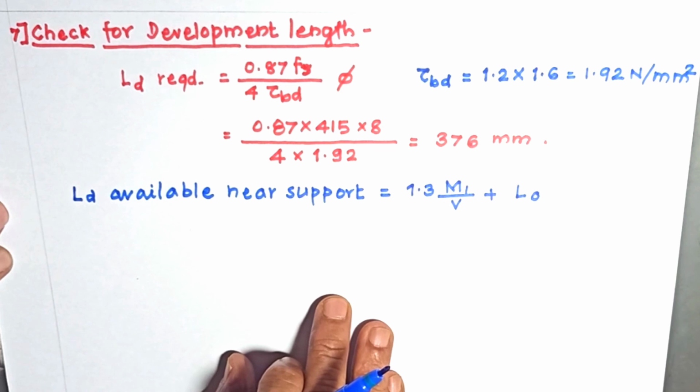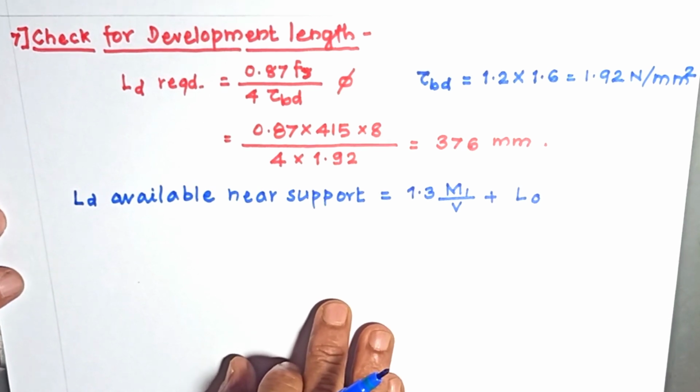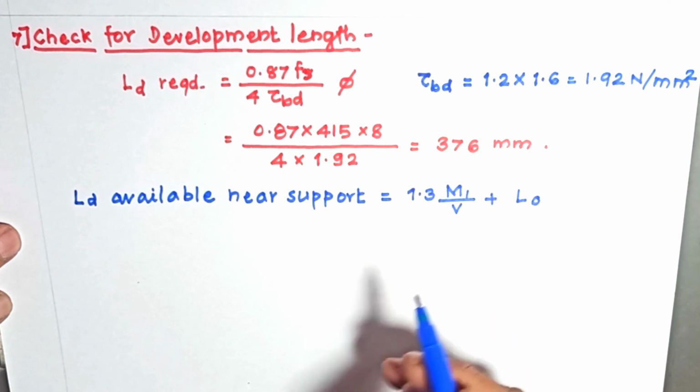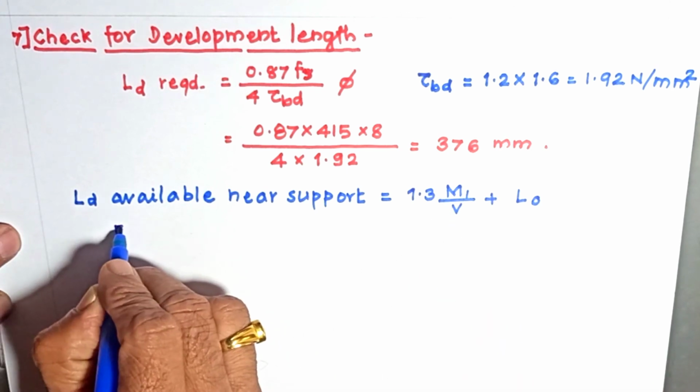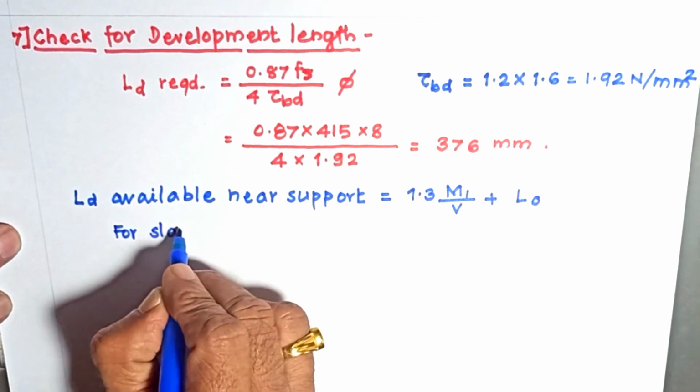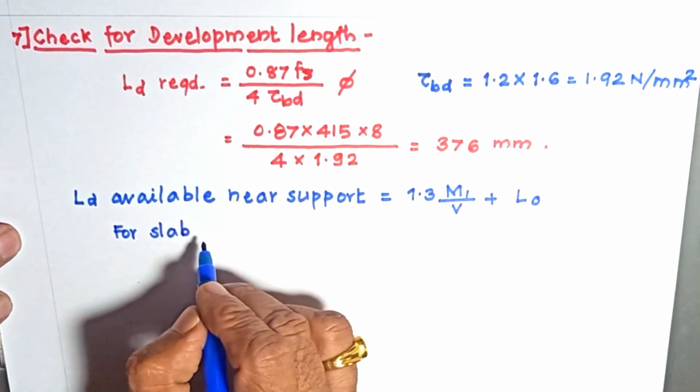Okay. Now, here we know that in case of slab, half the bars are bent up near the support. Therefore, as half the bars are bent up for slabs, this is for slabs only. For beam, we will have to calculate it.